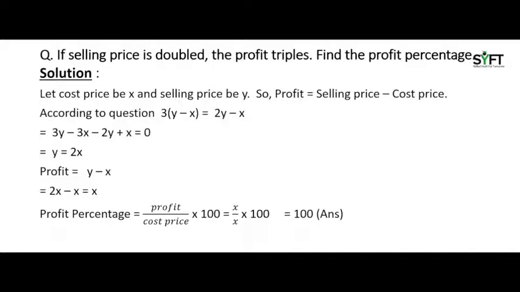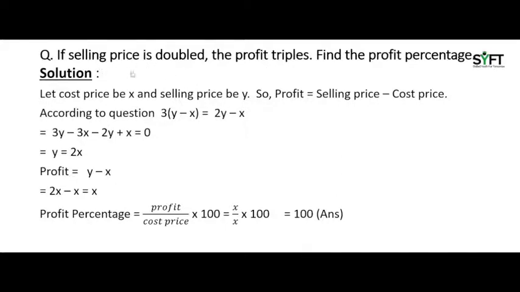This question says that if the selling price is doubled, the profit triples. Find the profit percentage. Just suppose that the cost price be X and the selling price be Y. So profit equals selling price minus cost price, so it will be Y minus X. But according to the question, the profit triples when the selling price is doubled.